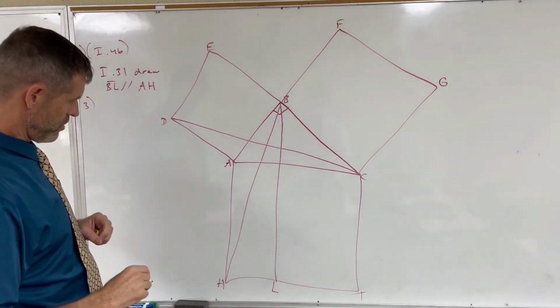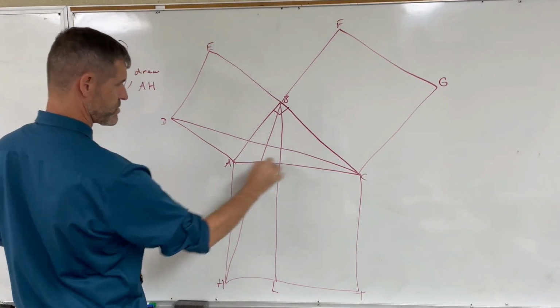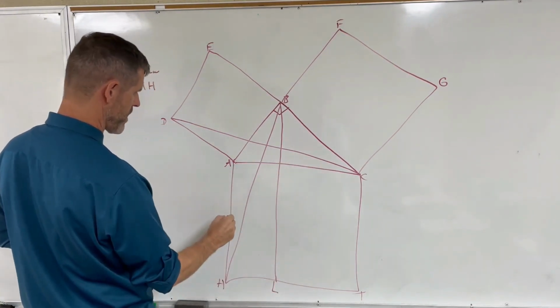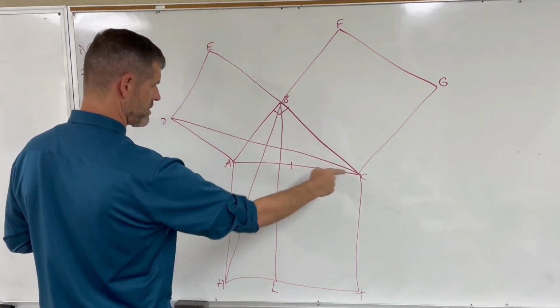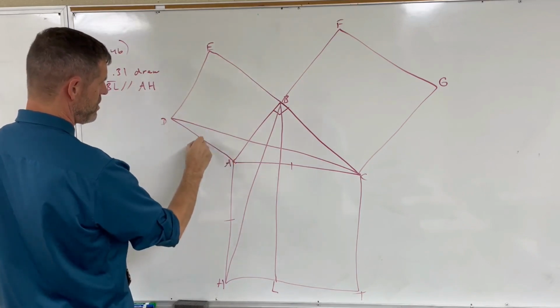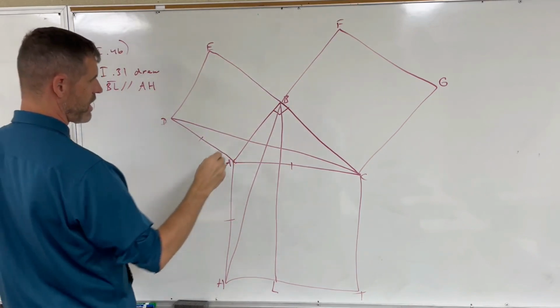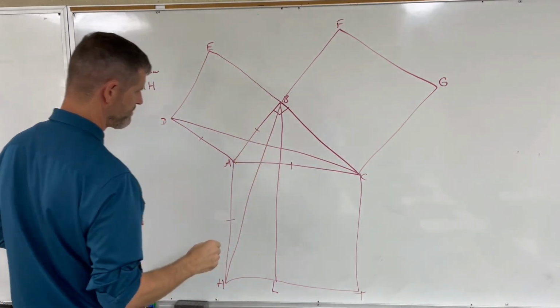And then we know from the fact that this is a square, AT is a square, that the side AH is going to be equal to the whole side AC. And likewise with the square EA, we know that the side DA is equal to the side BA.